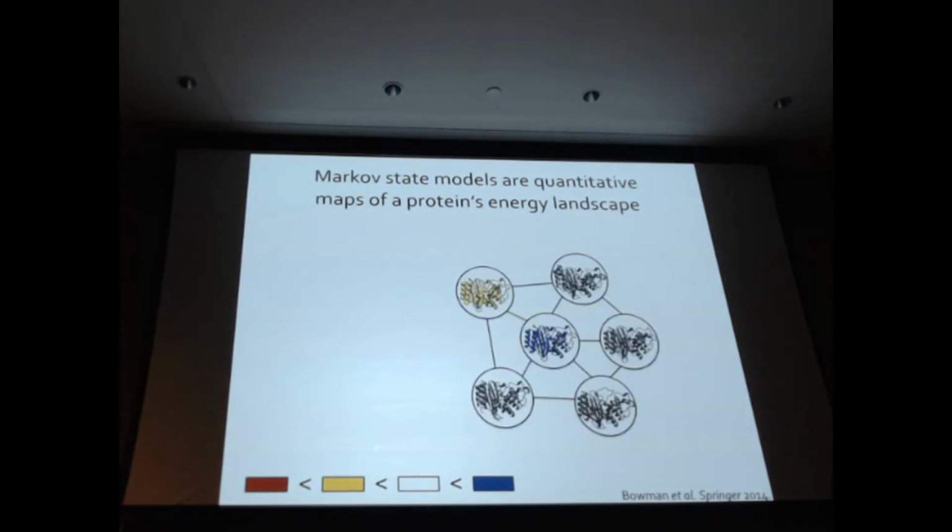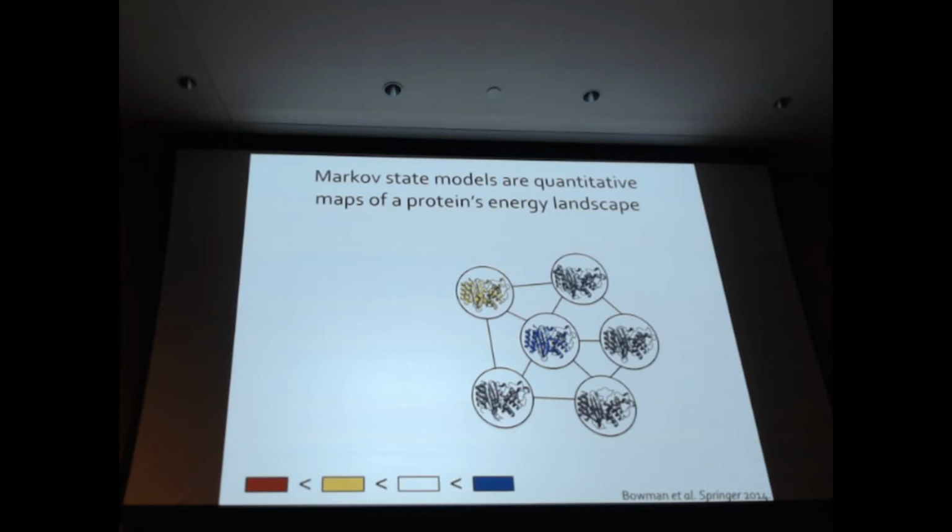I apologize if this showed up, but the basic idea is that we're going to represent the underlying energy landscape that controls a protein's thermodynamics and kinetics with this network model, where you can think of having states that roughly correspond to minima in this high-dimensional energy surface. And what we want to do is use our molecular dynamics simulations to learn both the identities of these states and the rates of hopping between adjacent states.